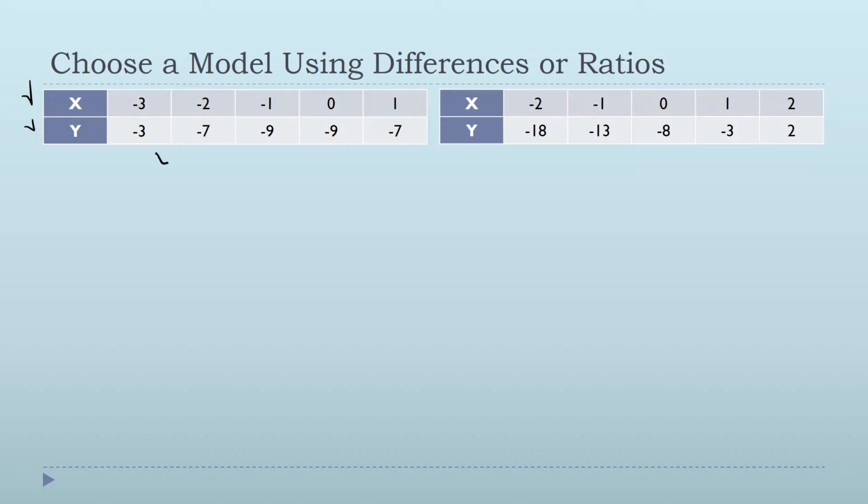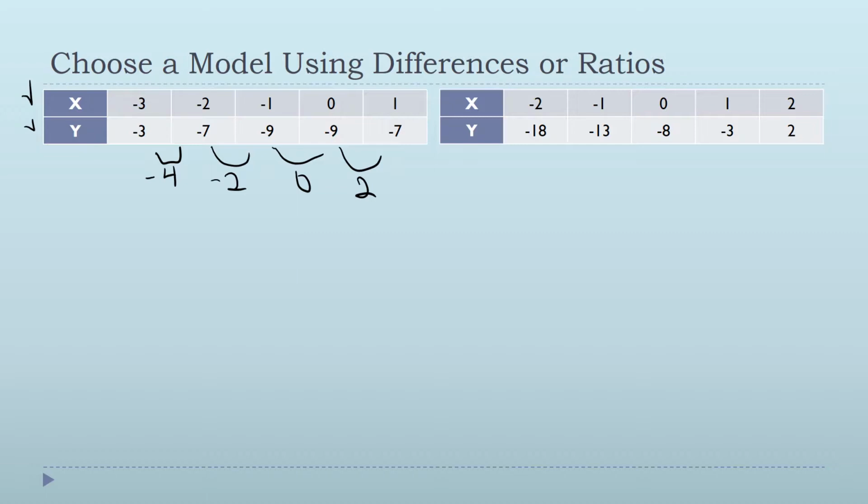Well, the difference between -3 and -7 is -4. And the difference between -7 and -9 is -2. And the difference between -9 and -9, well, that's 0. And the difference between -9 and -7, well, that's +2.